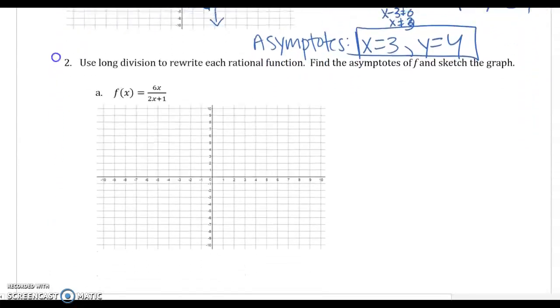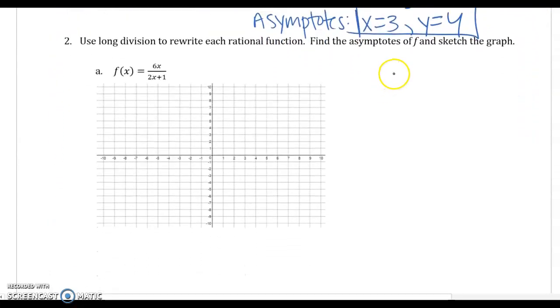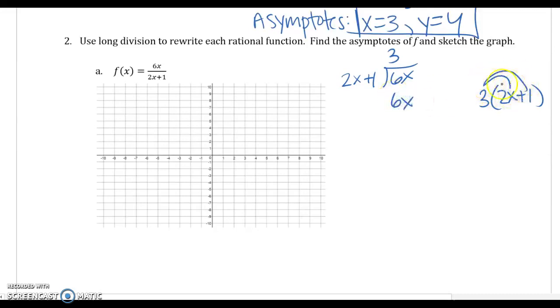Let's try another one. We do 6x divided by 2x plus 1. 2x goes into 6x 3 times, and then 3 times 2x plus 1. We can distribute and get 3 times 2x, which is 6x, 3 times 1, which is 3. And then we're going to subtract, because that's how long division works. 6x minus 6x, those go away.